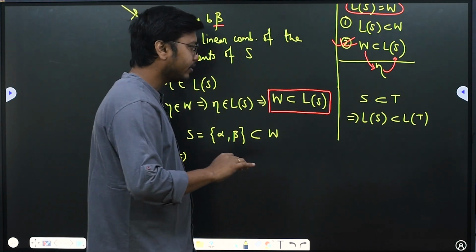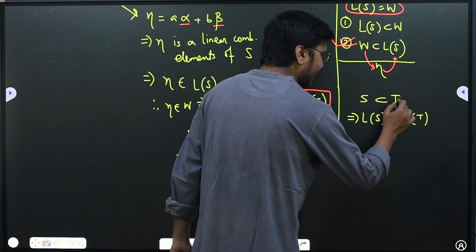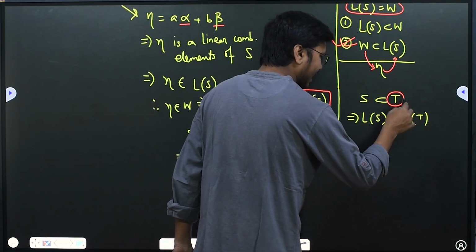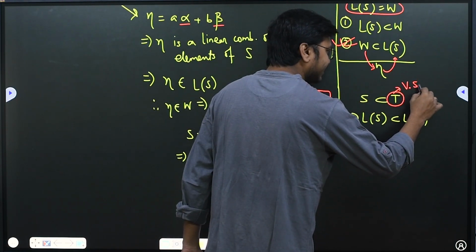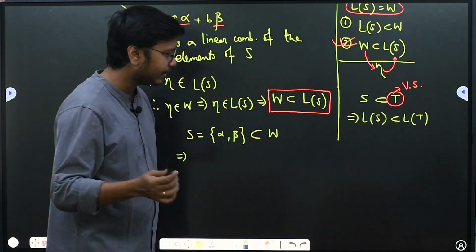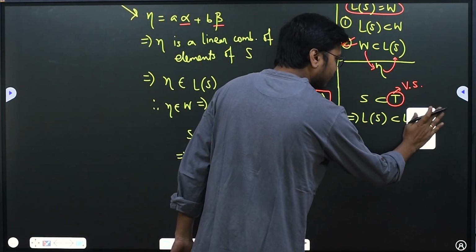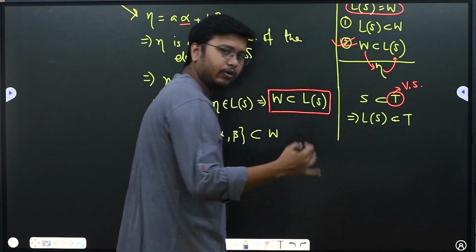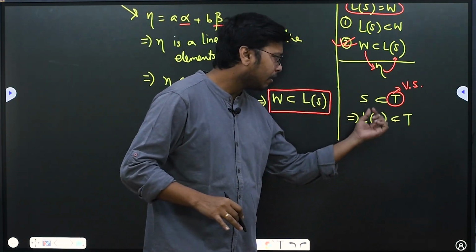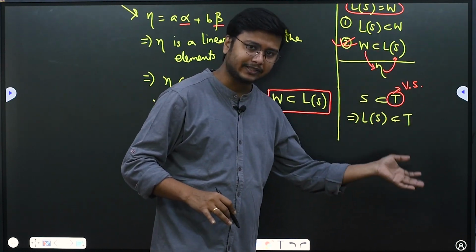And more importantly, if any of the sets, right hand side or left hand side, doesn't matter, is itself a vector space, then it is not required to write L of T, it's just enough to write only T, right? Because L of any vector space is the vector space itself.